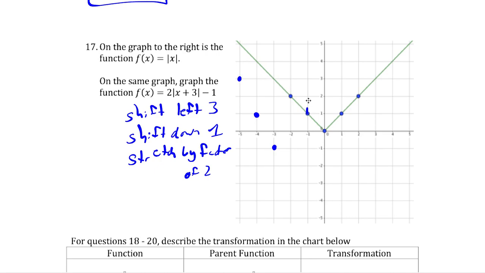Notice between these points I get a little slope of negative 1. Well, now I have this slope of negative 2. Everything's doubling, and that's because of that stretch factor.